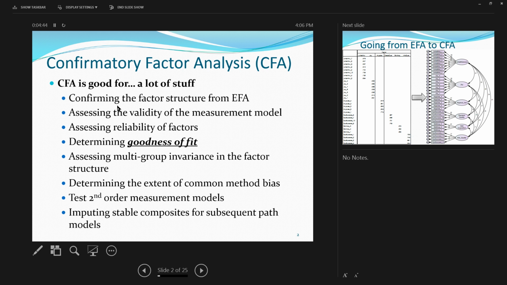Okay, good question. If controls are latent, I would include them all the way through. If controls are not latent, they're just one item. If they're categorical, that's a different story. But if they're just single items like age or education, then you'd stick them in just in the structural model when you're testing your hypotheses. Excuse me, age is categorical, isn't it?